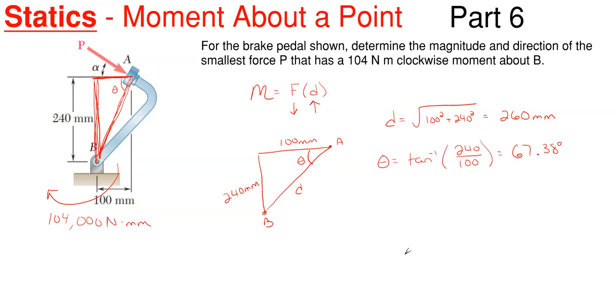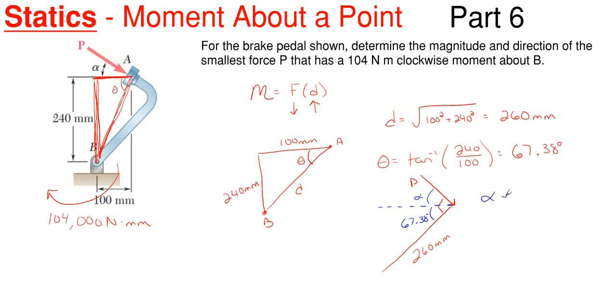So why did I go ahead and find theta? Well, we are utilizing our dimension D, which is the 260 millimeters, because we need a perpendicular distance for P, which means that angle has to be 90 degrees. We have already said that alpha is the angle off the horizontal, and that's the angle we're looking for. And we just found that this angle right here is 67.38 degrees.